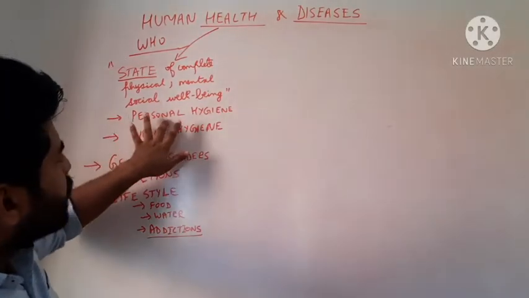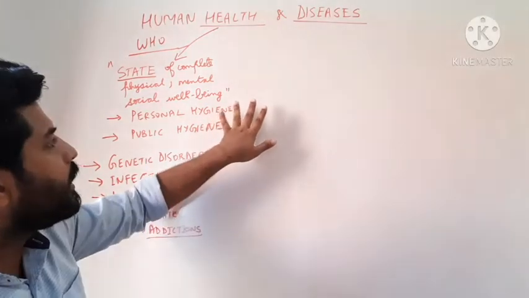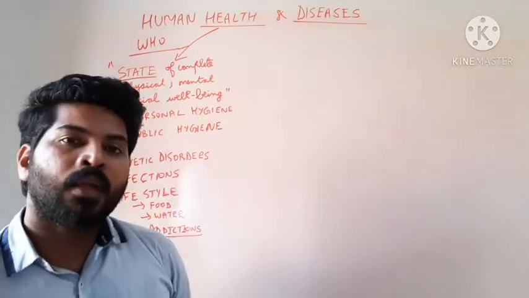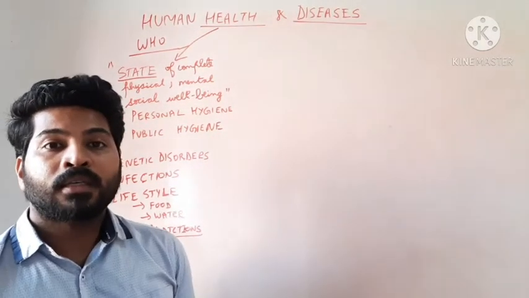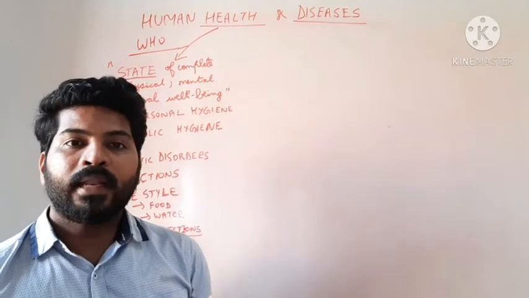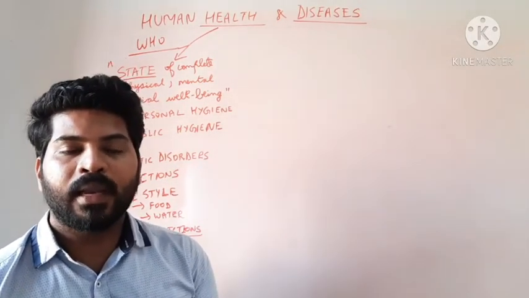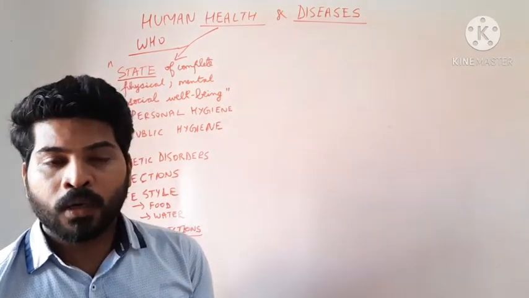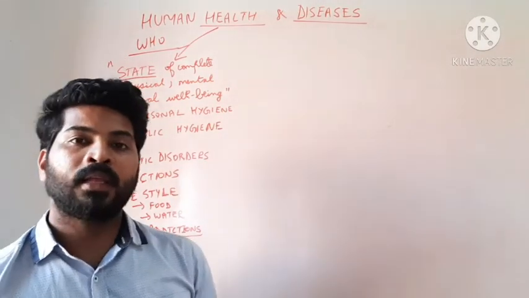So let's take the first 2 points, personal hygiene and public hygiene. If one is able to maintain this, they can be healthy. Personal hygiene, of course, taking bath regularly, eating a balanced diet, good clean food, clean drinking water. So if somebody has access to it, they can be healthy.